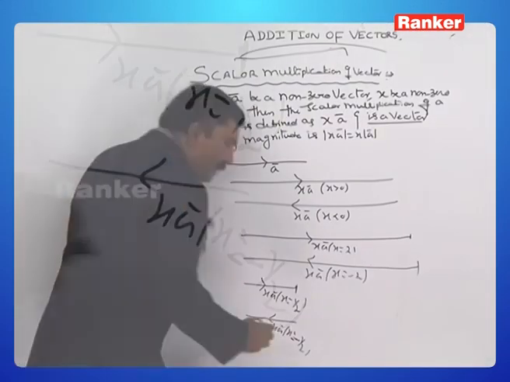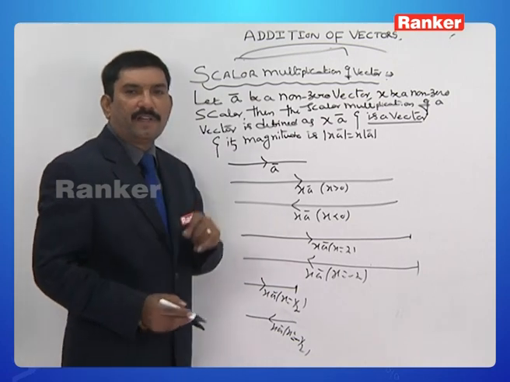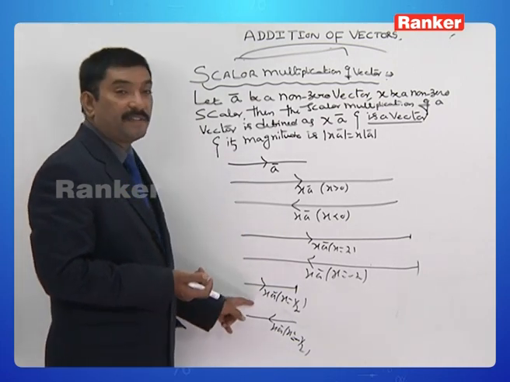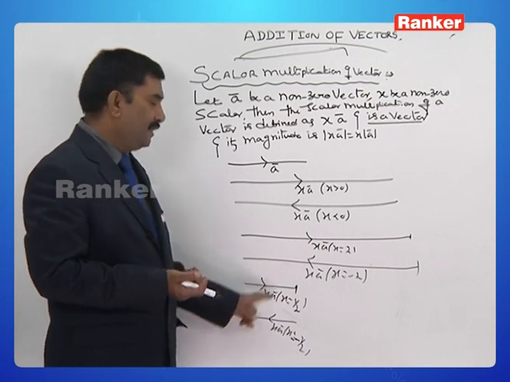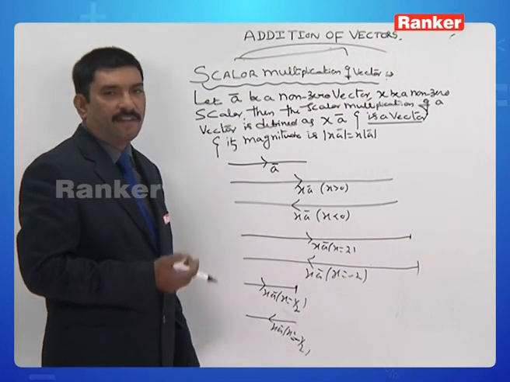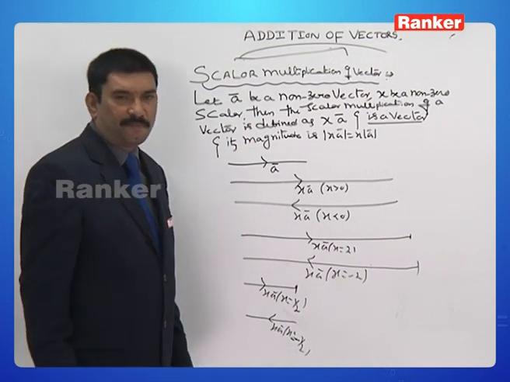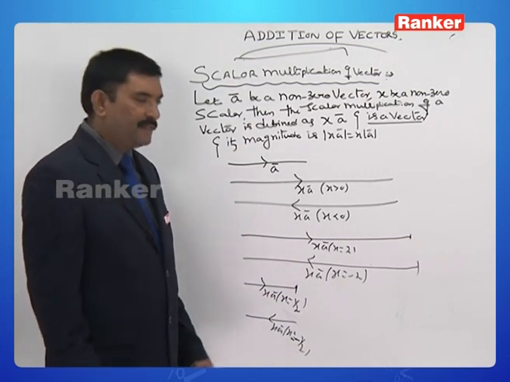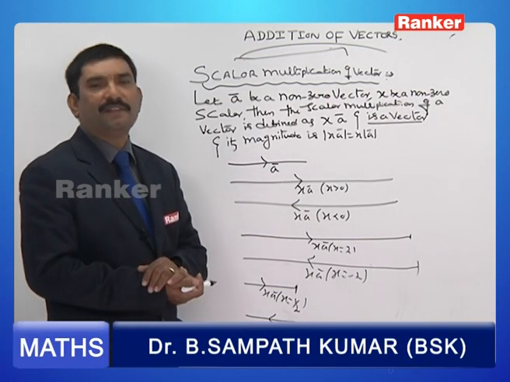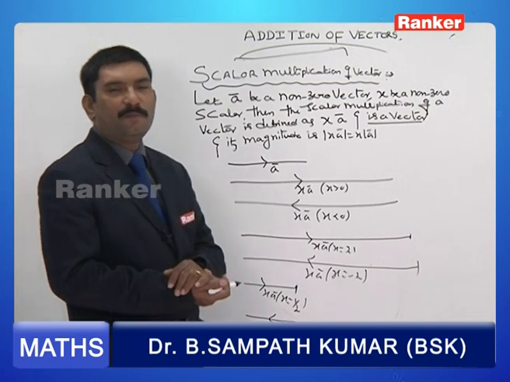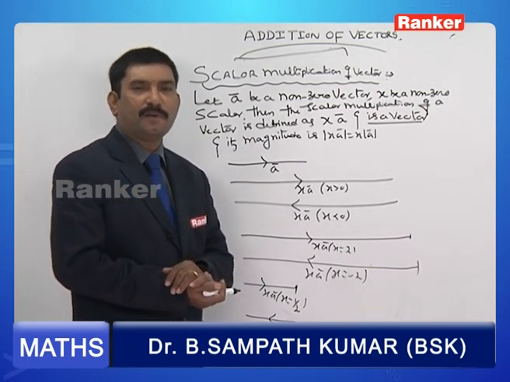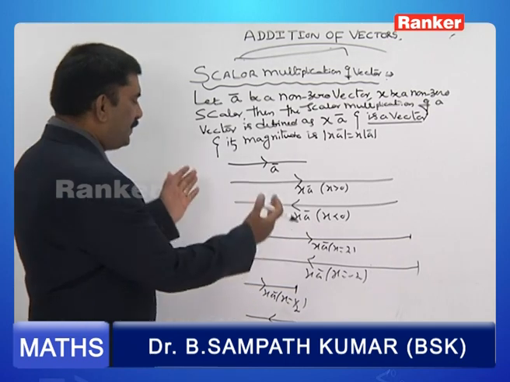Here, its magnitude has been decreased to half of its original. But this is also a vector. Nevertheless, all these are vectors. It is quite obvious. When you multiply any vector with a scalar, it is a vector quantity.